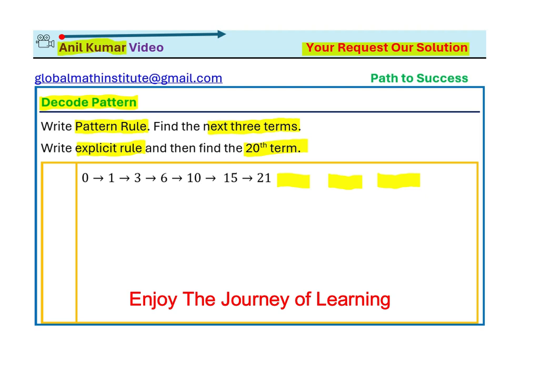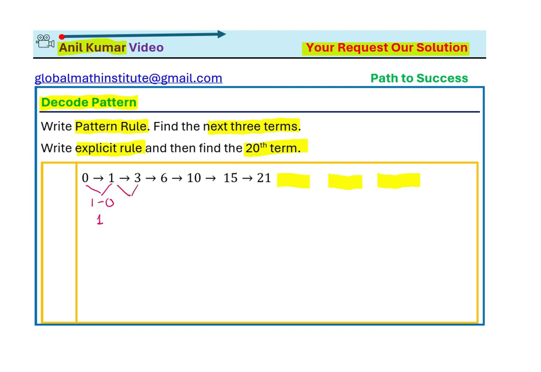So I hope all the parts are clear to you. So let us analyze the pattern. The best way is to find the difference between each term. So what is 1 minus 0? The difference, 1 minus 0, gives us 1, right? Then 3 minus 1, which is 2. Then 6 minus 3, which is 3.